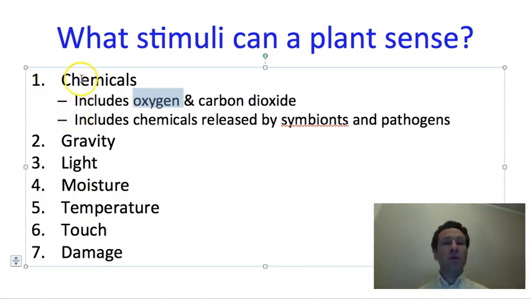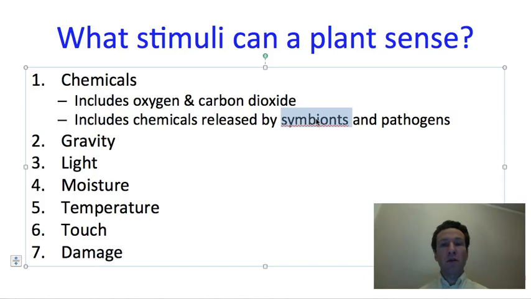Another example of when plants need to sense chemicals is when symbionts or pathogens release chemicals. So symbionts might be fungi that form mycorrhizae. Remember, those are mutualistic connections between a plant and a fungus, so they can exchange resources.